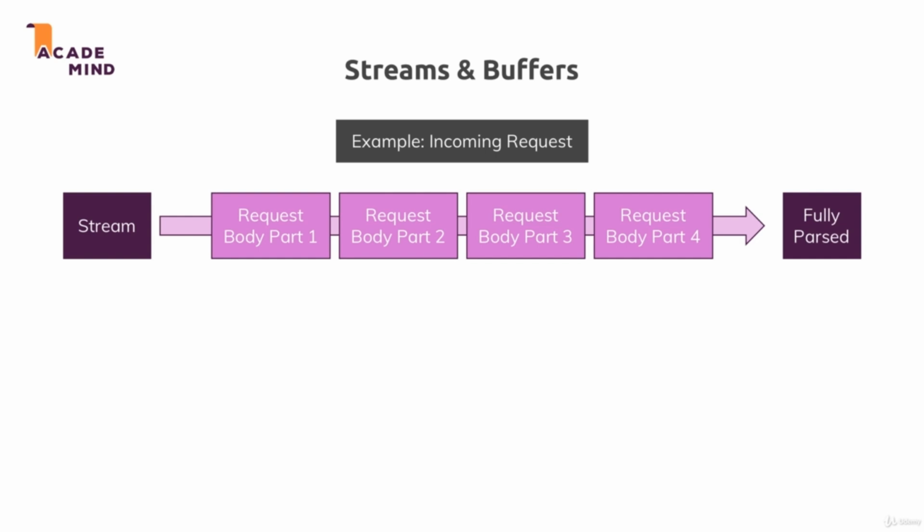Now, for a simple request like the one we're working with, this is not really required. We only got one input field of data. It doesn't take so long to parse that. But consider a file being uploaded.